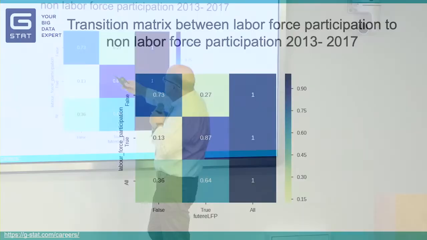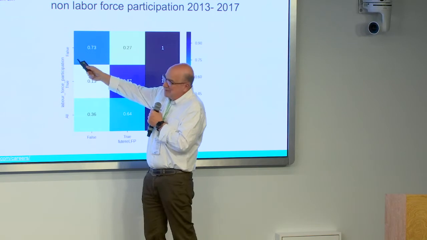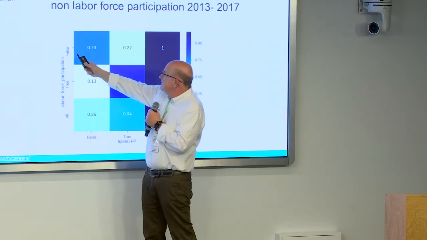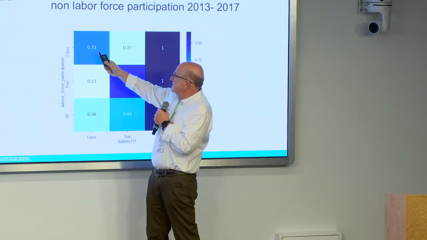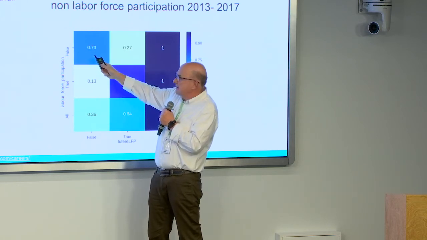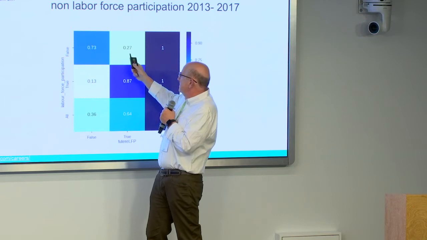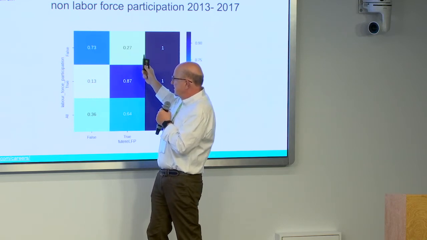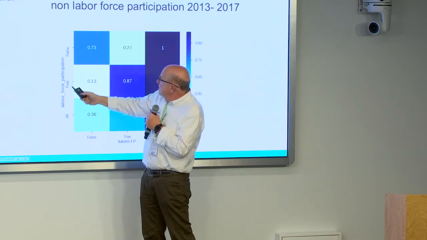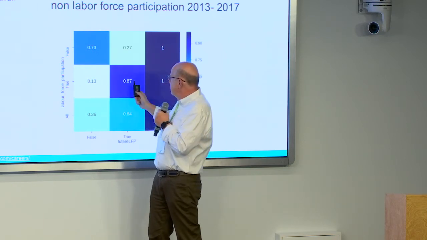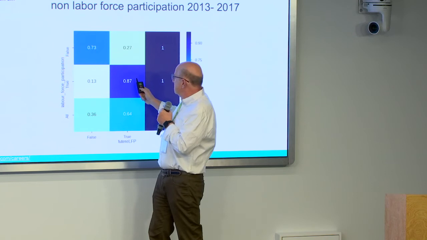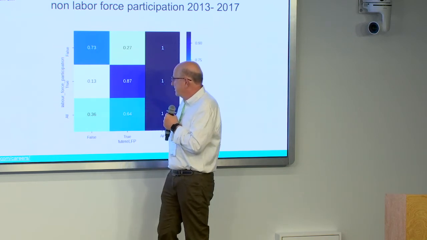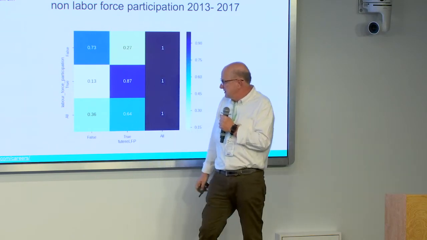We see that of those who participated in the labor force in 2013, 73% still were part of the labor force and 27% moved out of labor force participation. For those who worked, 87% still were, and 13% left the labor force.